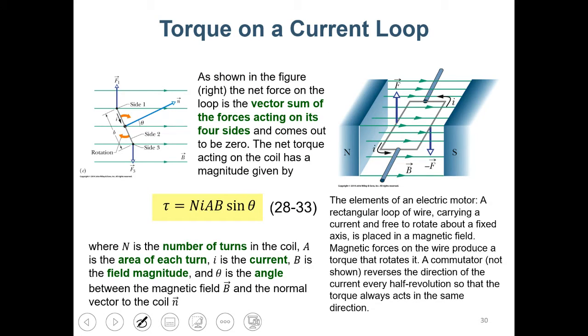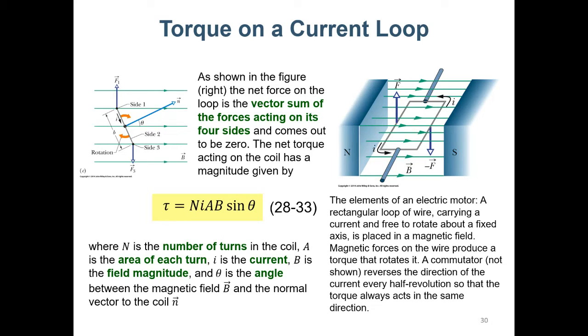Next we talk about the torque on a current loop. As long as we have a single wire, there will be a force acting on it. So here, suppose we have a loop. Consider you go to a barbecue, or you have some meat on this coin and try to rotate.